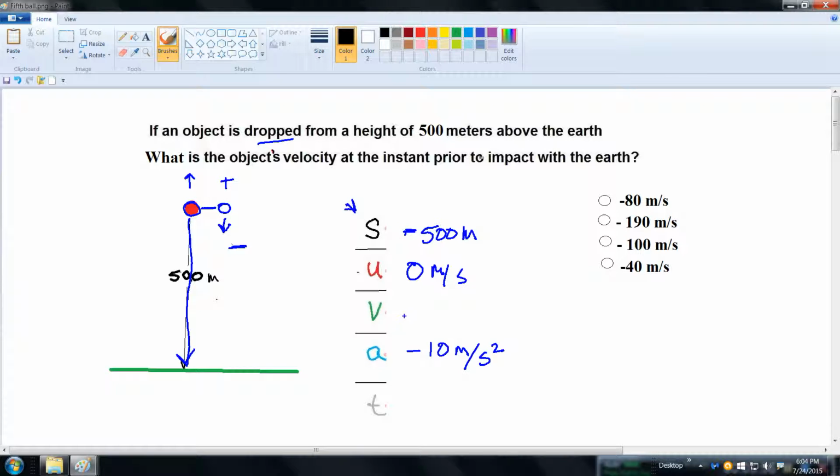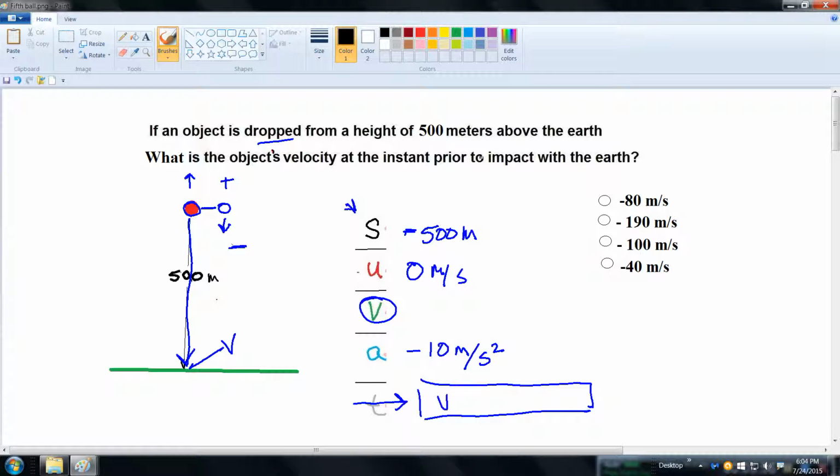Okay, so step 3 is circle what we need. Well, we're looking for the object's final velocity right there. So we're looking for v, so I'm going to circle that. And then the fourth step is draw a line through the variable that's left. We know nothing about t, and we're going to use the equation that's affiliated with t.